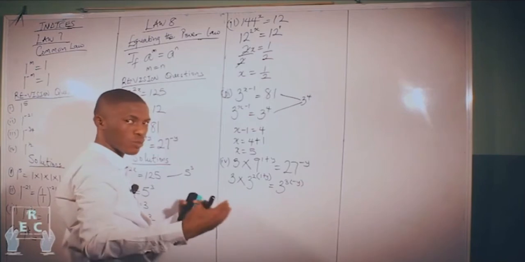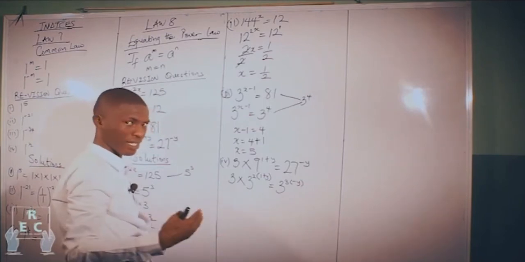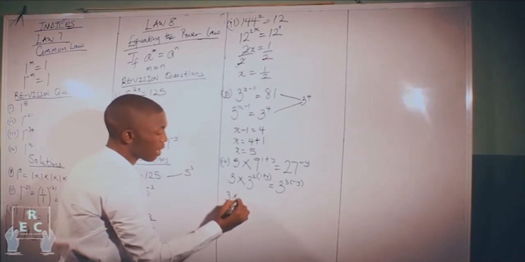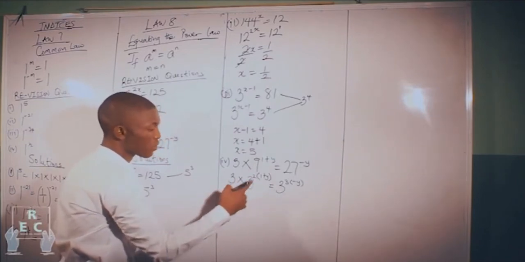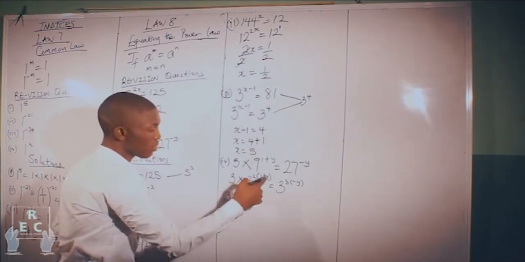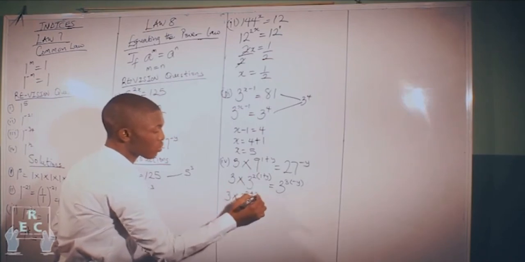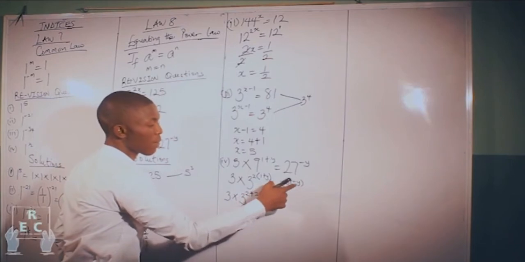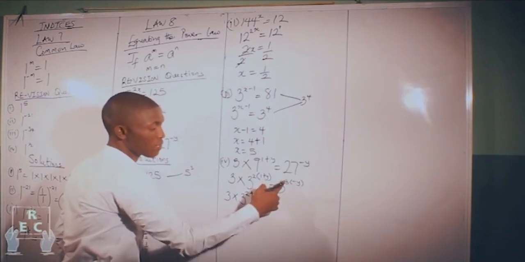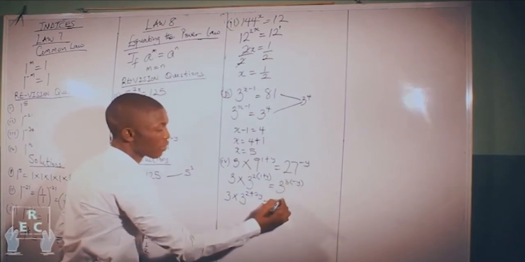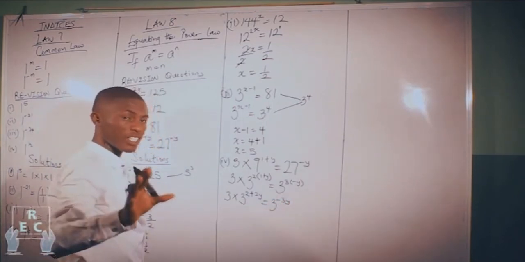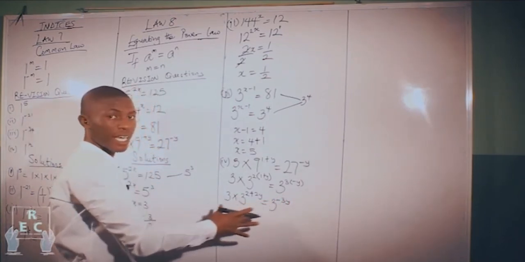Now we are combining 2, 3 laws together. Okay, you can relate now better. Here we have 3 multiplied by 3 raised power 2, open the bracket, 2 by 1, 2, 2 by y, 2y, equals 3 raised power 3 multiplied by minus y, plus times minus, minus 3y. At this stage, don't mistake any of this.